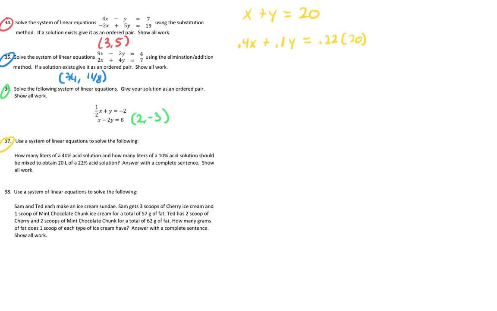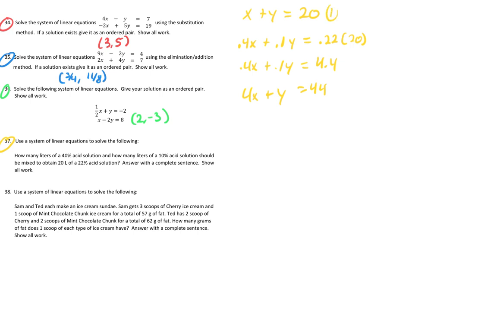Okay, that means 0.4x plus 0.1y equals 4.4. I'm going to multiply everything by 10. 44. There we go.